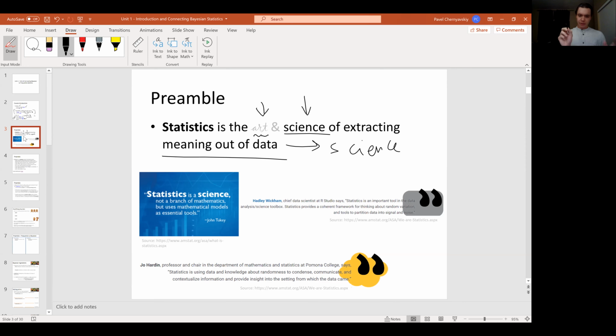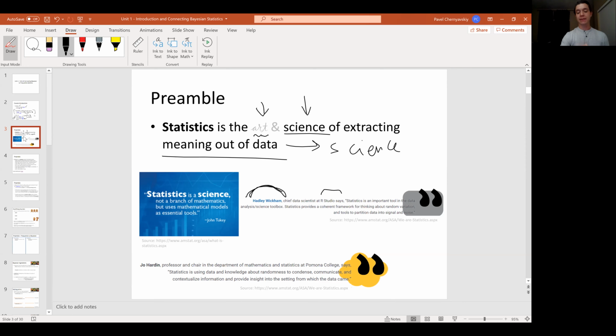I thought I would include a few of my favorite definitions of what statistics is. One guy, I don't know how many of you have heard of him, is Hadley Wickham. He is the creator of ggplot2, probably a major contributor to the Tidyverse, and is also involved pretty heavily with RStudio.